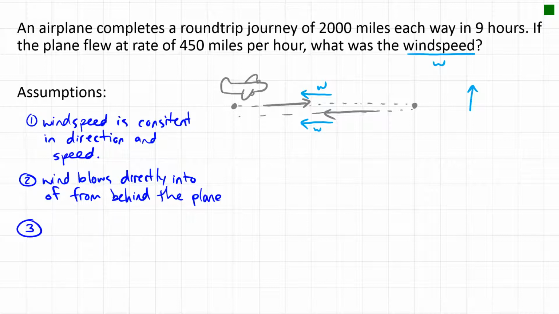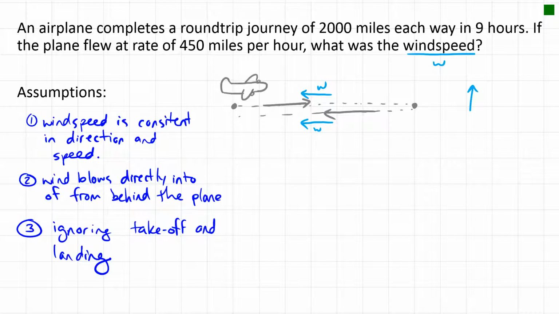And finally, the last assumption that we're making is that we are ignoring takeoff and landing. And this is important because the plane is very likely speeding up as it takes off and then getting to its highest velocity.